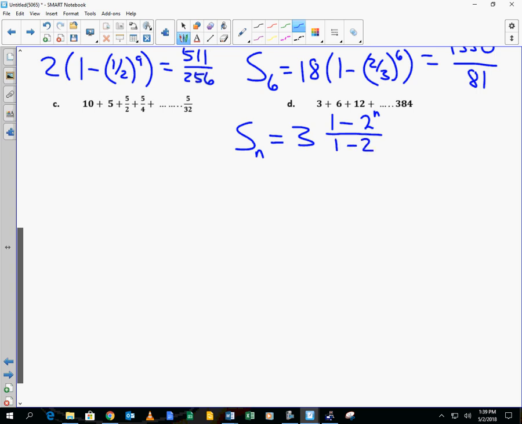What's 1 minus 2? It's -1. So 3 divided by -1 is -3 times 1 minus 2 to the nth. So that's what it's going to sum to, but we've got to figure out n, don't we? Shoot, how do I figure out n?